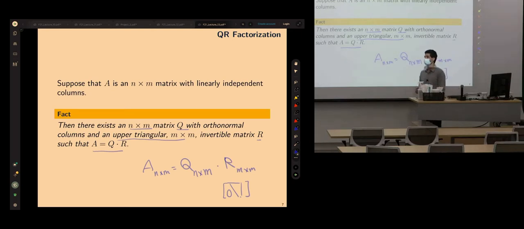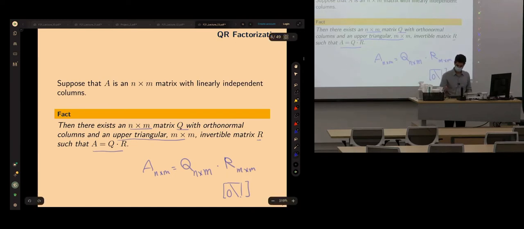So this is true. Now we're going to find out how to get this Q and R. If you have A, n by m, with linearly independent columns, you can always have QR. This is called QR factorization or decomposition, just like LU. They mean the same thing.